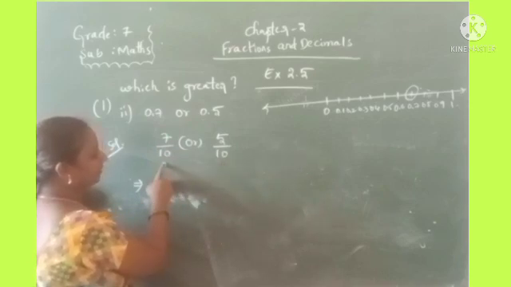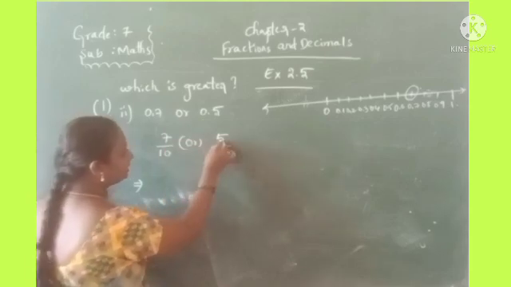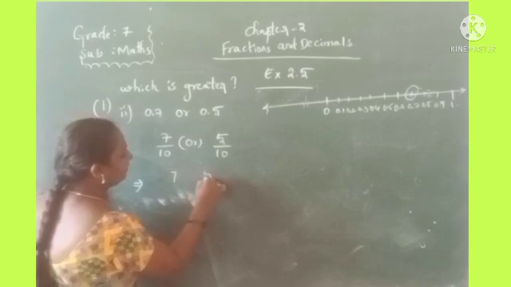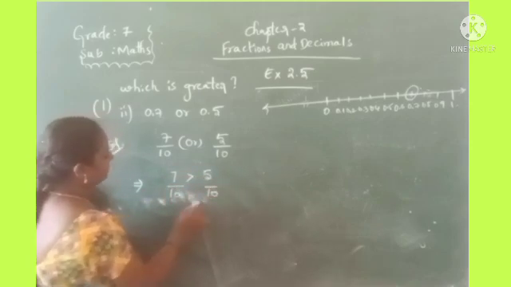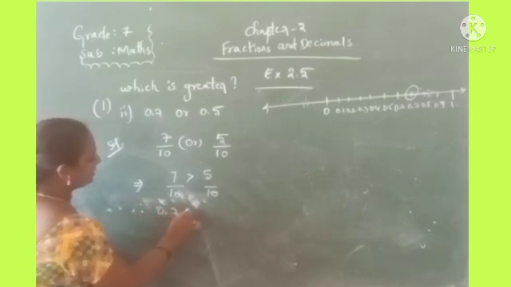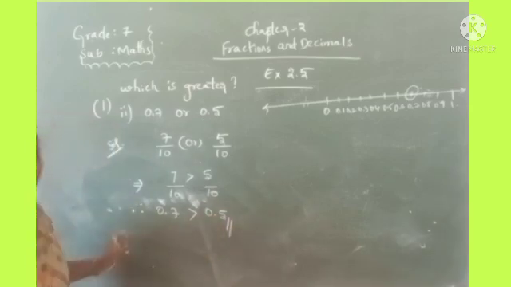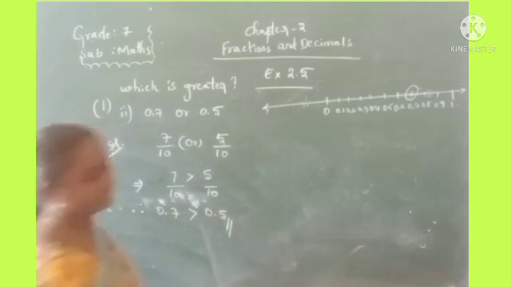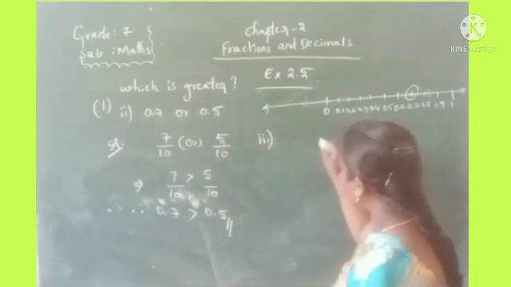The denominators of these two fractions are the same. Then what is the next step? Compare the numerators, 7 and 5. Which is greater? 7 is greater. That means 7 by 10 is greater than 5 by 10. Therefore 0.7 is greater than 0.5.